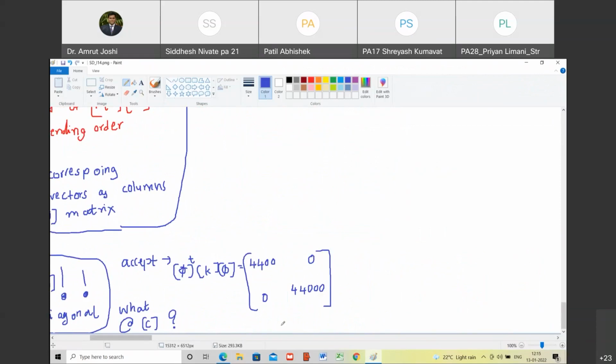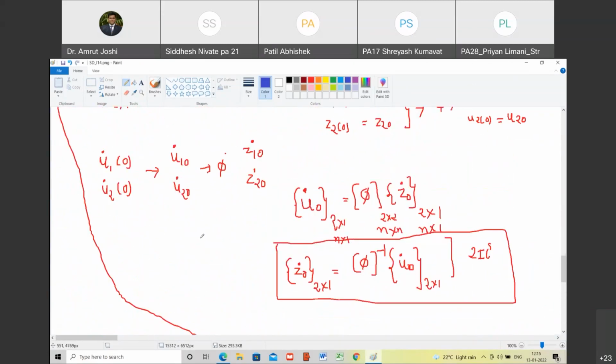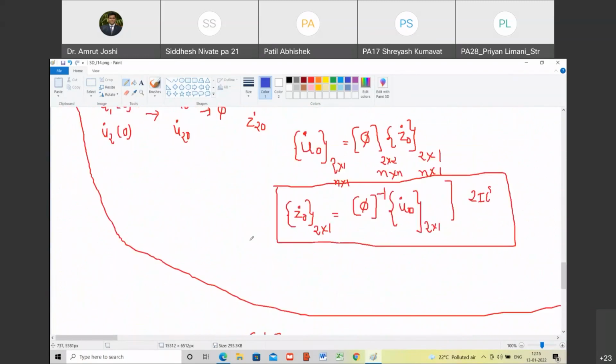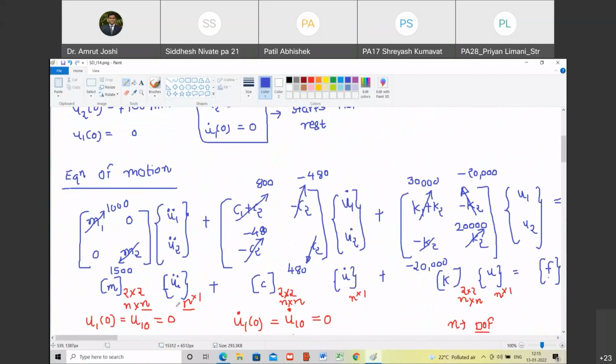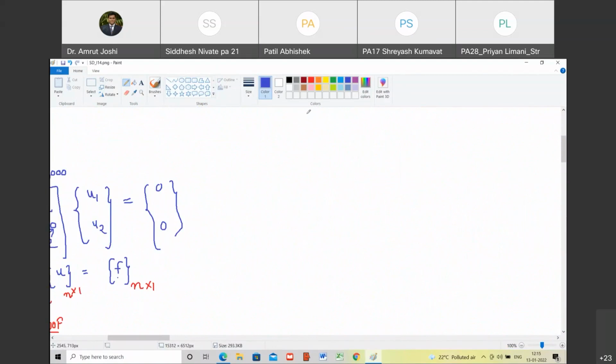Now what about the C matrix? Does this phi successfully diagonalize C by pre-multiplying it by phi transpose and post-multiplying it by phi? Are you with me? So let us look at the C matrix. Where is our C matrix? In the equations of motion, the C matrix is 800, minus 480. I will write down the C matrix here.